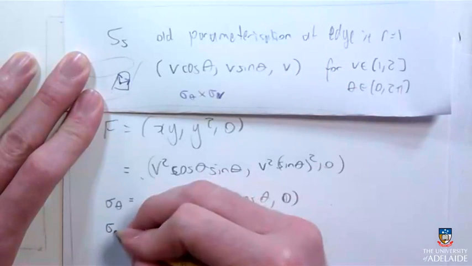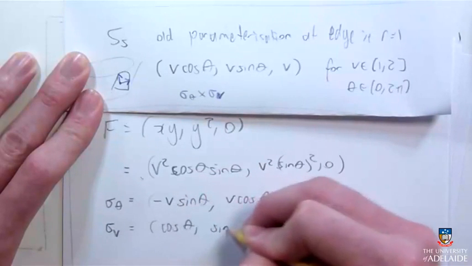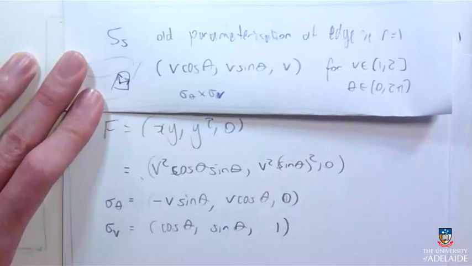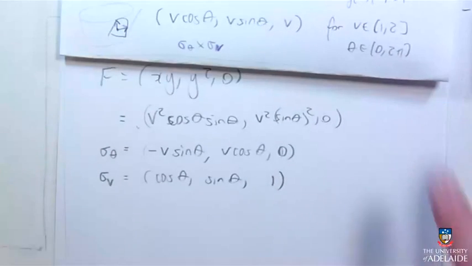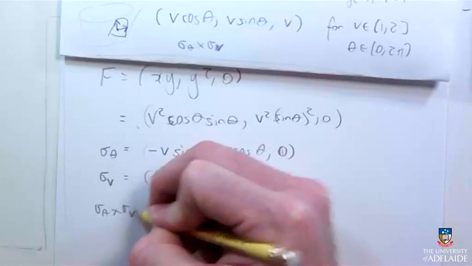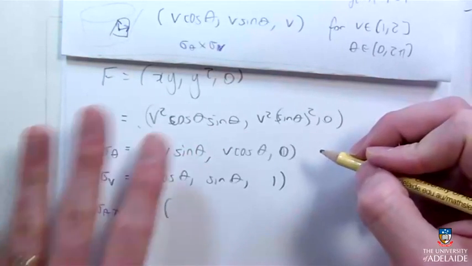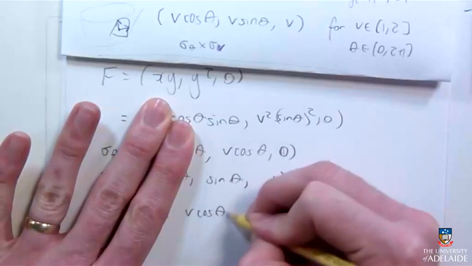The next one's not going to be 0. Cos theta, sine theta, 1. This one was with respect to theta, so that one is 0. So we've got v cos theta in that spot.